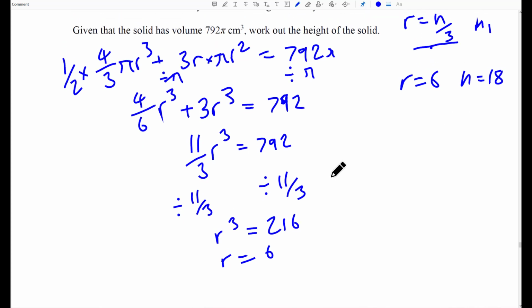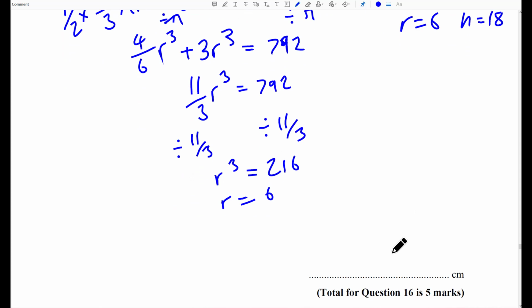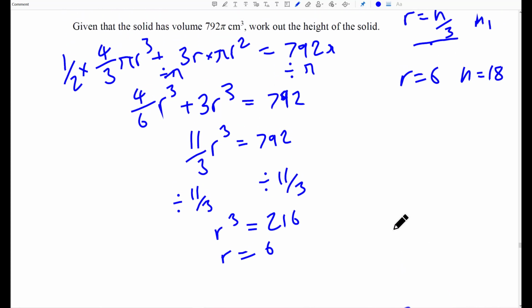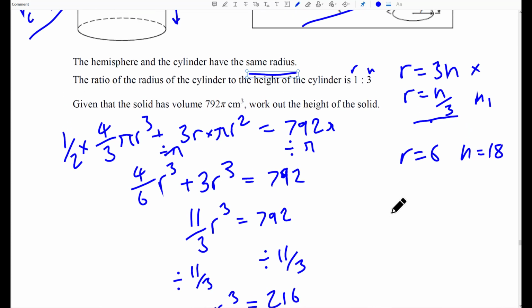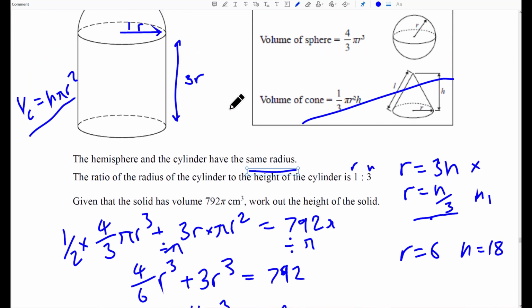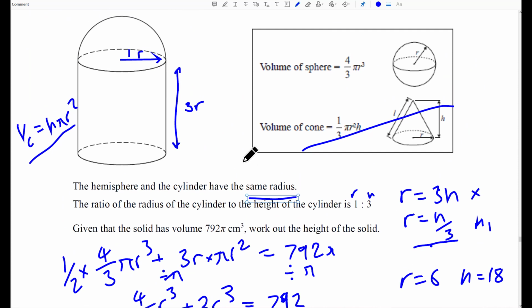Oh, well, that's the answer. That's 5 marks. But wait, what's the final question? Work out the height of the whole solid. Well, the height of the cylinder is 18. So you understand, this bit is 18. Now the radius is going to be the same there, but we know the radius is 6.